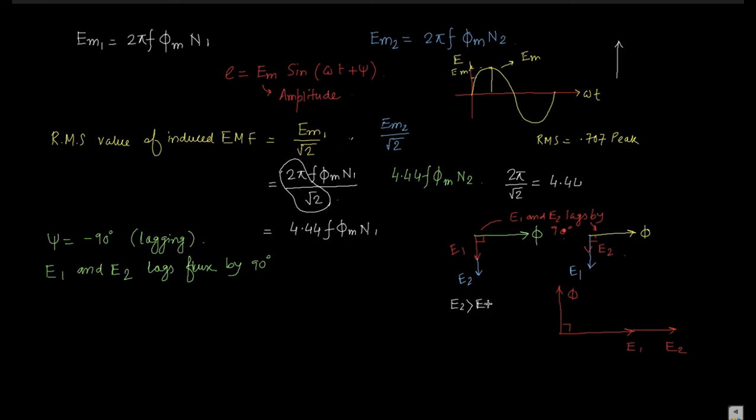It means the secondary side induced EMF is much higher than the primary side, and from there you can conclude that this is a step up transformer. And if you consider this one, E1 is greater than E2. So this is a step down transformer, as the induced EMF in the secondary side is much lesser than the primary side.